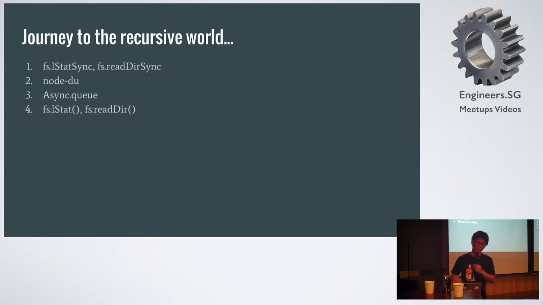So I tried different approaches. First, just now you saw the synchronous method, and then when I got back to the internet, I said, oh, there must be somebody who wrote a node module out there, and sure, there's node-du, right?